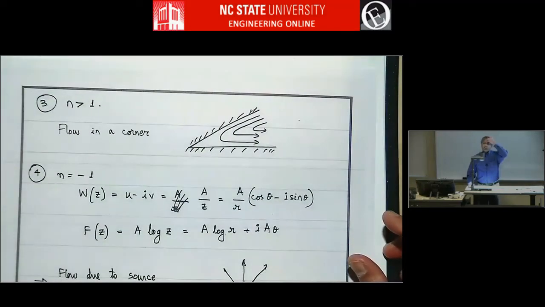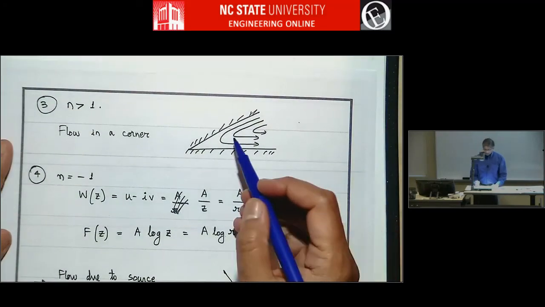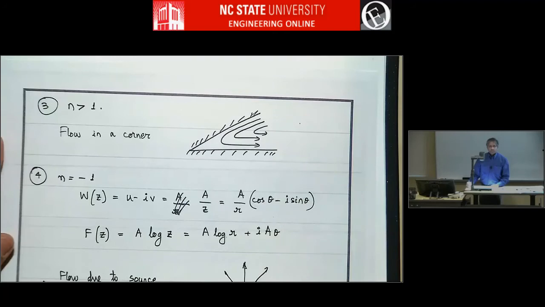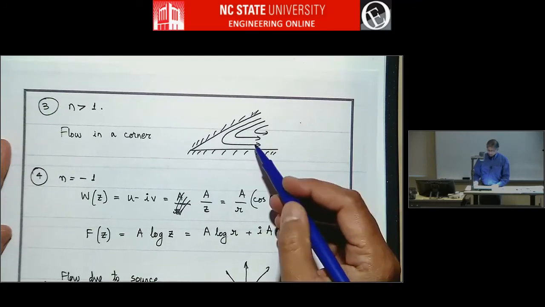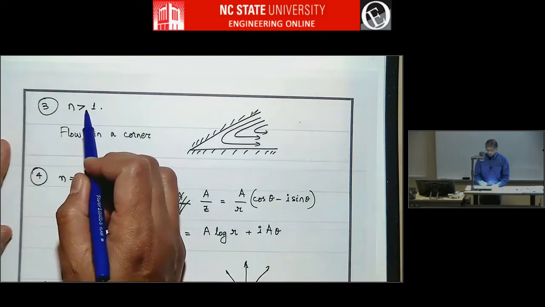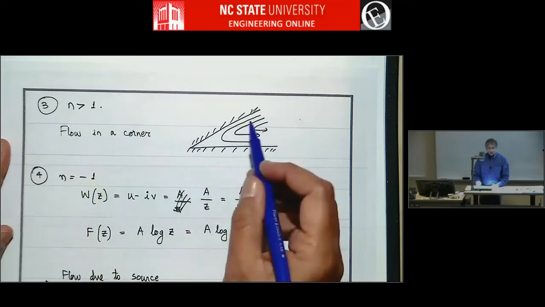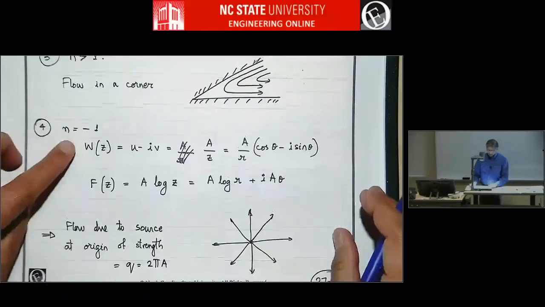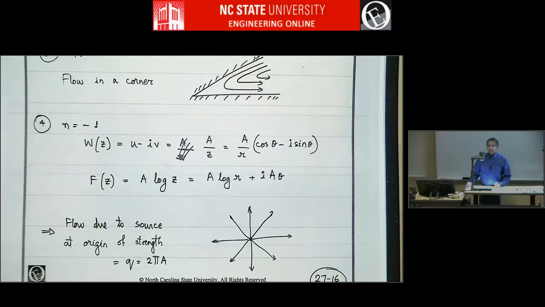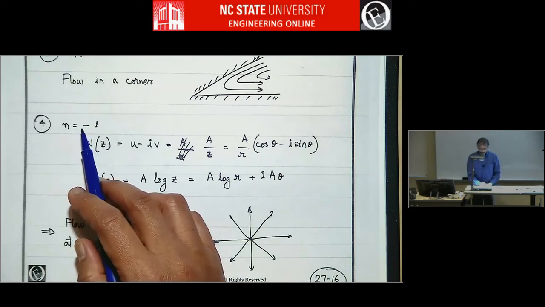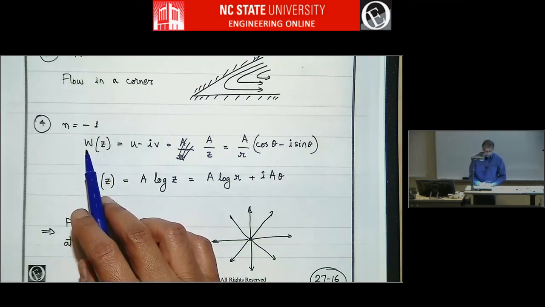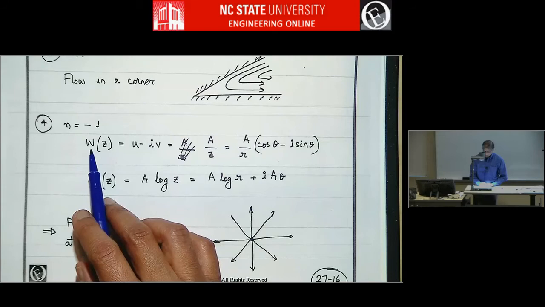Okay, so like that you can do other things. If you have n greater than 1, this becomes the flow in a corner. Depending on how big you make the n, this angle will change. And if you have n equals -1, now suddenly you get flow due to a source at the origin. So -1 is z to the power -1.